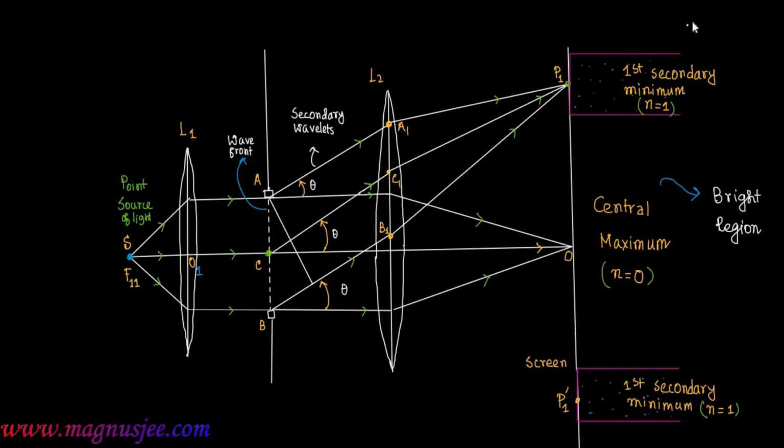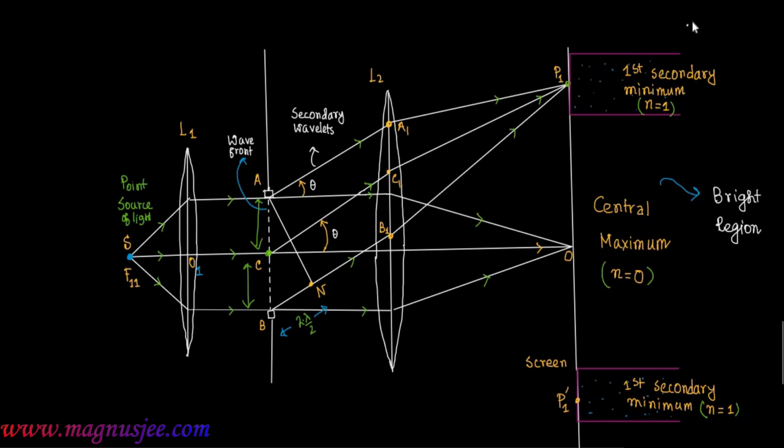Now we can draw a perpendicular from the sharp corner A of the aperture AB on the secondary wavelet BB1. AN is the perpendicular from the sharp corner A on the secondary wavelet BB1, and we can assume BN as 2 lambda by 2.